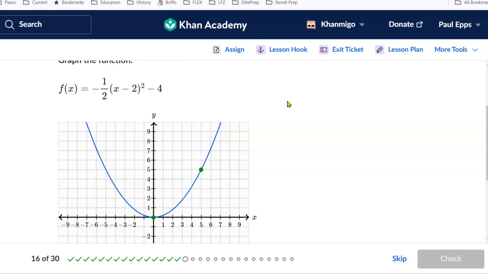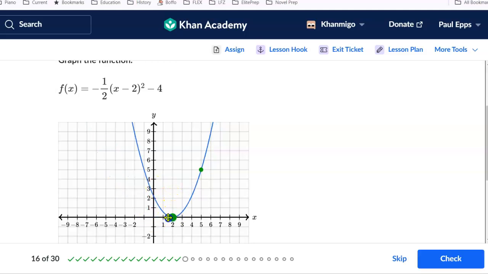And let's just go with f of x equals x minus 2 squared. Now that's still going to be a parabola, but let's plug in something easy like 2. X is 2, so 2 minus 2 is 0. 0 squared is 0. So we've got 2, 0.